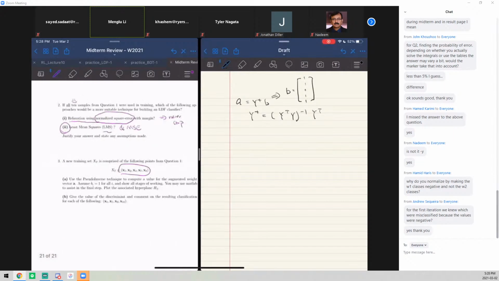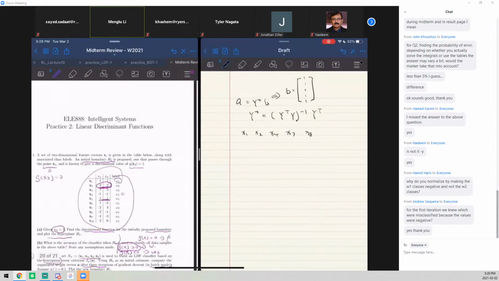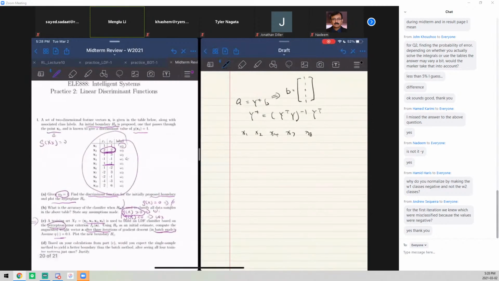We select training points x1, x2, x4, x7, x8. Y needs to be normalized and row-wise.